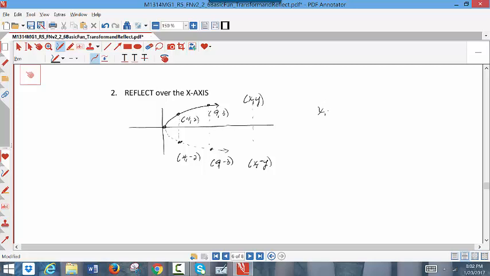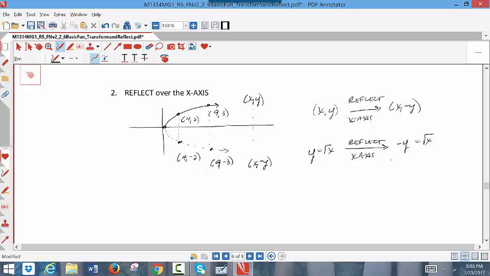So x, y reflected over the x-axis will become x, negative y. So if my original equation was y equaling the square root of x, and I want to reflect it over the x-axis, then this time the x remains x, but the y is replaced by negative y.